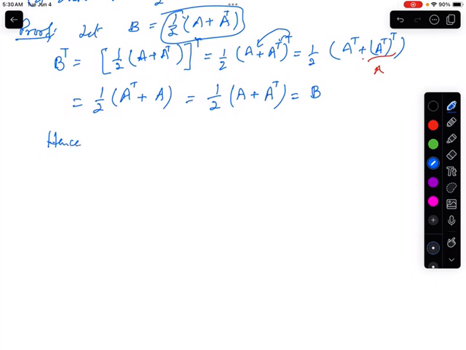Therefore, 1/2 times (A plus A transpose) is symmetric.